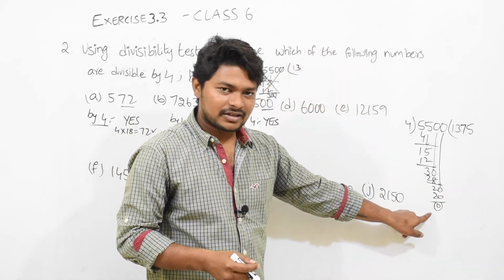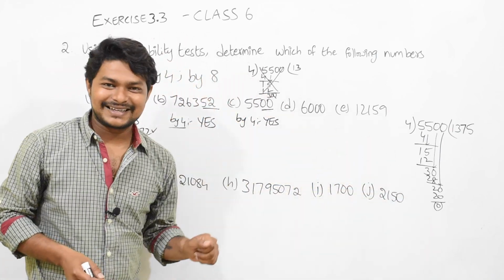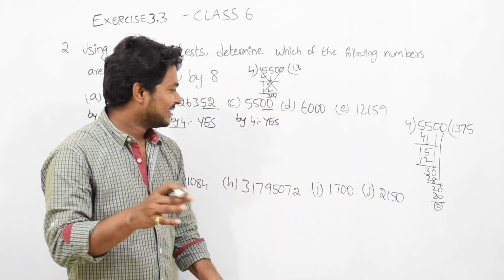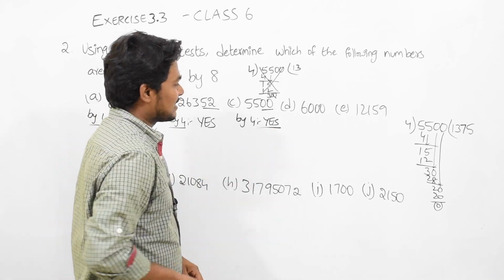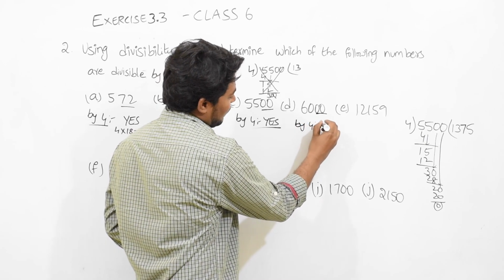Remainder 0 is coming or not? Yes. That is how it works. Two zeros, blindly you can write yes.